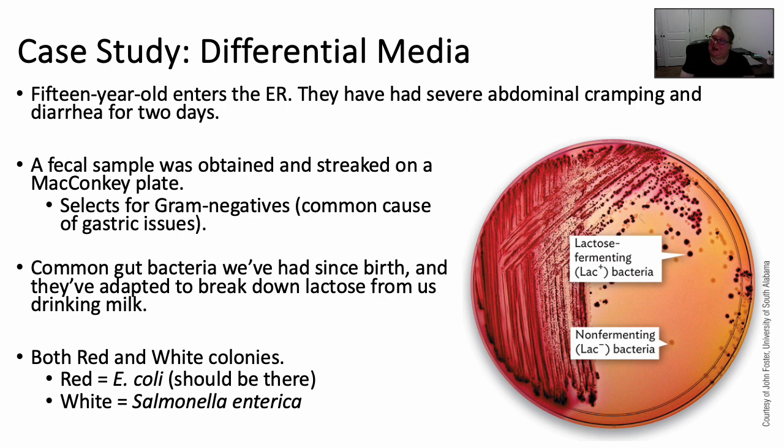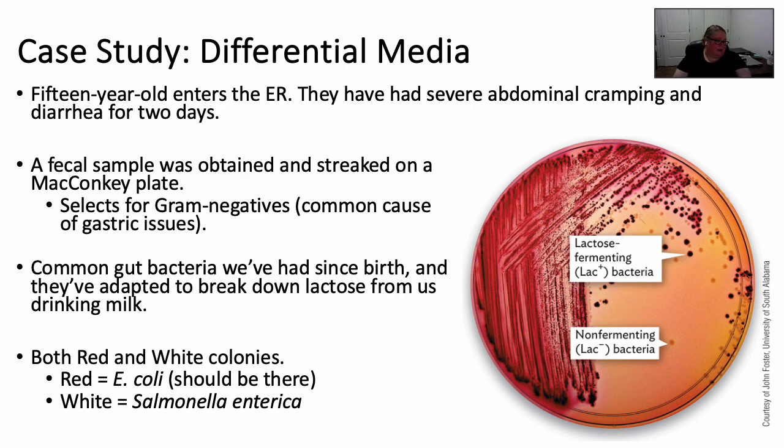Now, our guts normally have gram negatives that we rely on. We have a symbiotic relationship with those gram negatives. The thing is, we can tell a difference between the gram negatives in our intestinal tract versus the pathogenic variety because we've been drinking milk since birth. Milk has lactose in it.